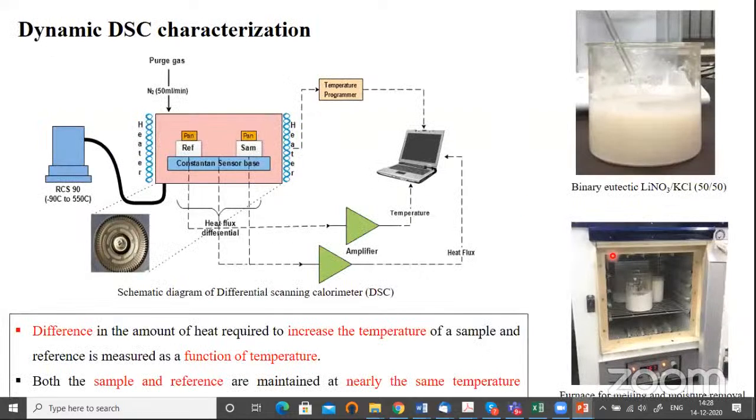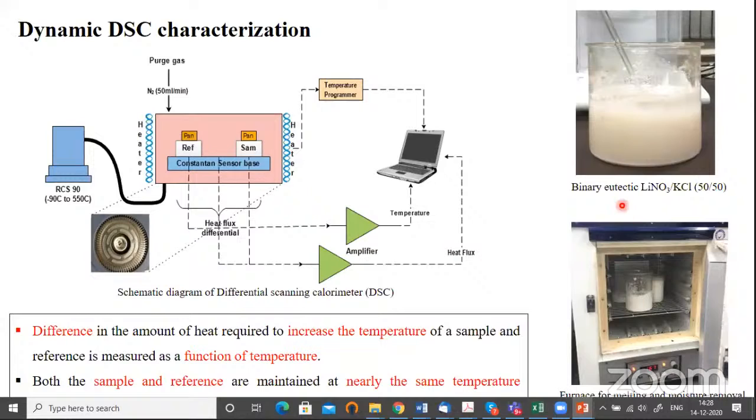So as I told, the thermal characterization, like the estimation of the specific heat of this phase change material, is quite important. So we developed a criteria to test all the phase change materials.